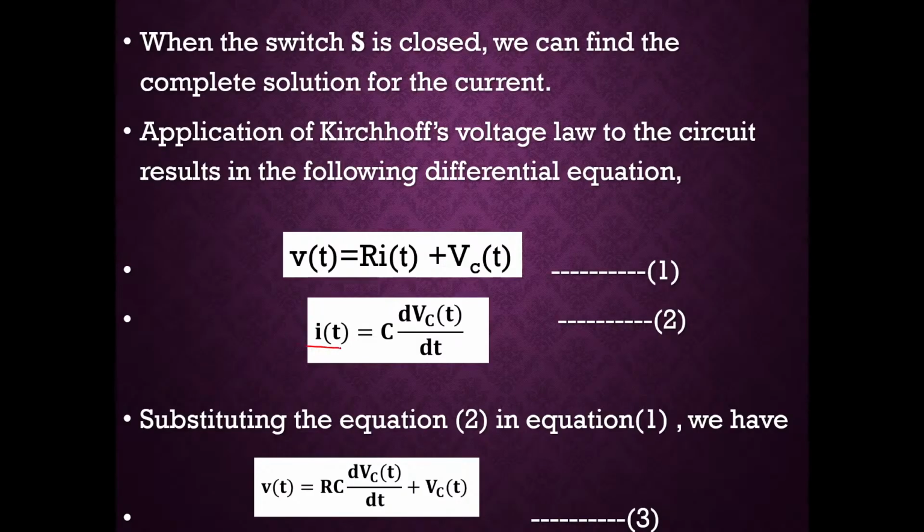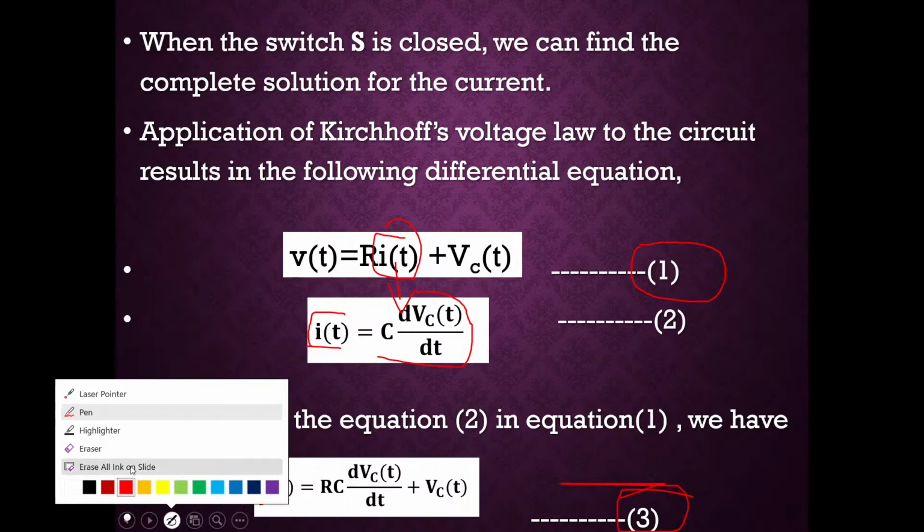We substitute the capacitor current because whatever current flows through the capacitor, the same current will flow through the resistor. So instead of I of t, you can write this expression. The equation will be modified as V of t is equal to R C d by dt of Vc of t plus Vc of t. Consider it as equation number 3.